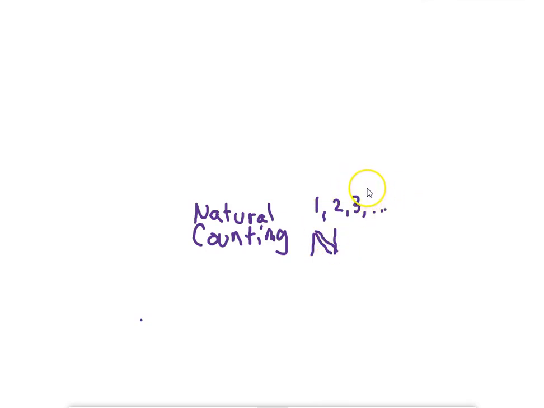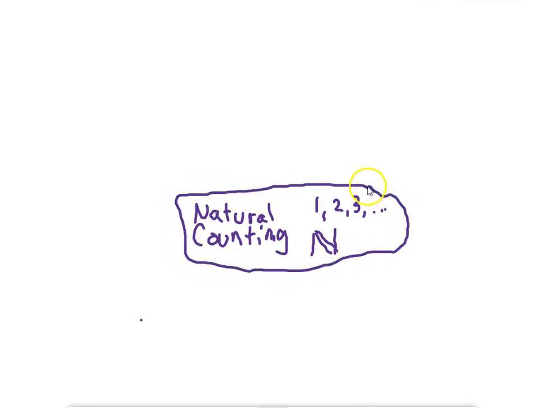So here are my natural and counting numbers. This is going to wind up being almost like the rings of a tree, so that everything inside one becomes encapsulated into the next one in most cases. I won't say every case, but most cases.